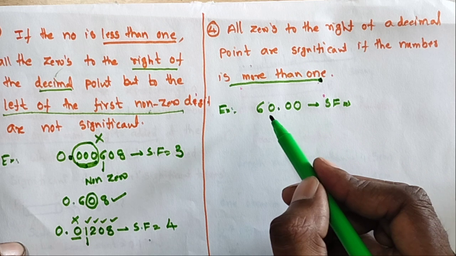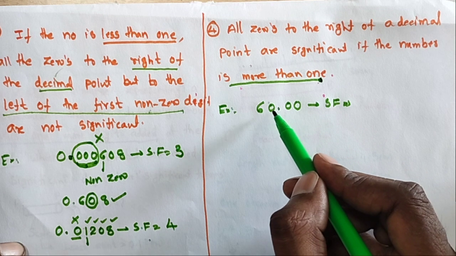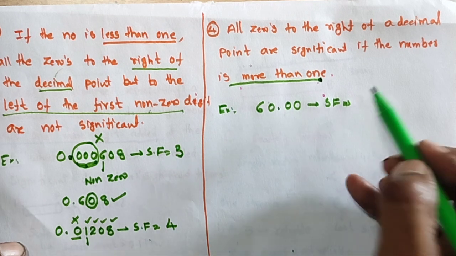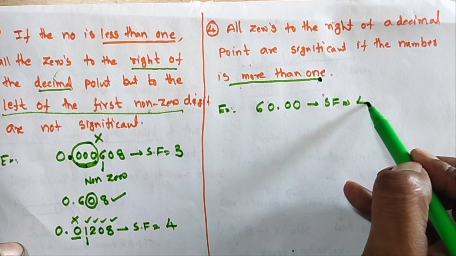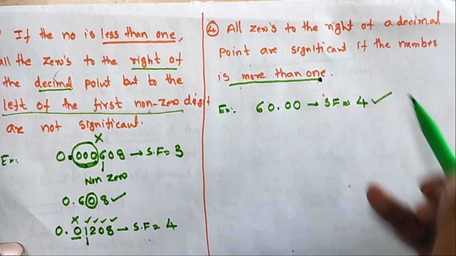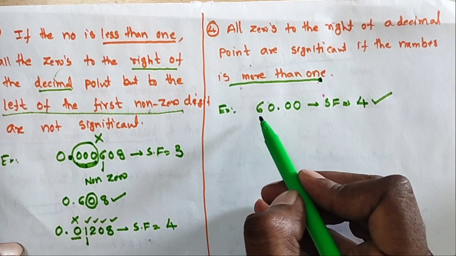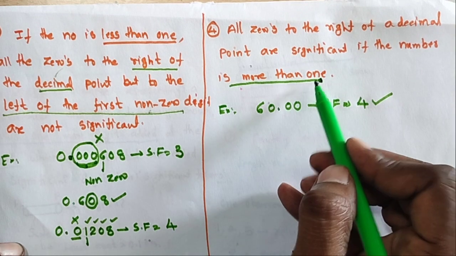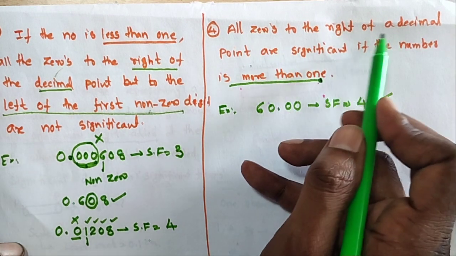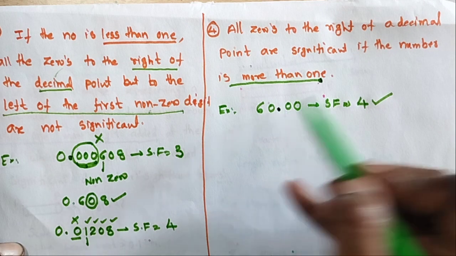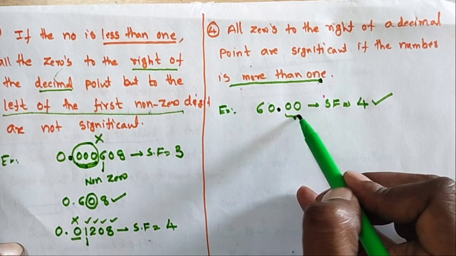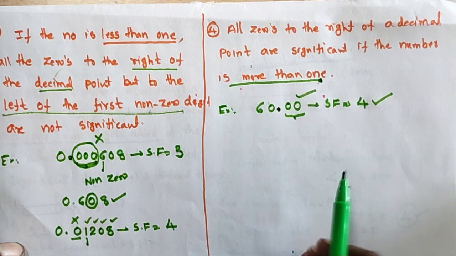Anybody guess? Is it 1 or 2 or 3 or 4? The correct answer is 4. So this 6 is more than 1. All zeros to the right of this decimal point are also significant figures.